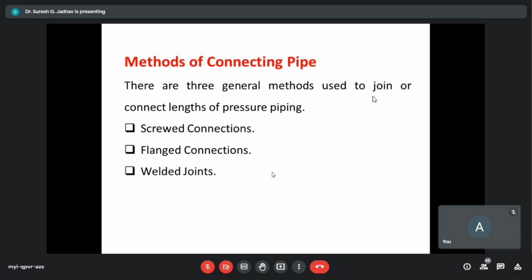Third, cost of material and the need for maintenance are reduced with the elimination of flanges and fittings.